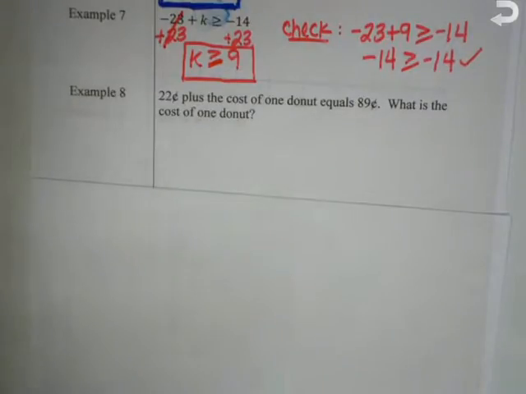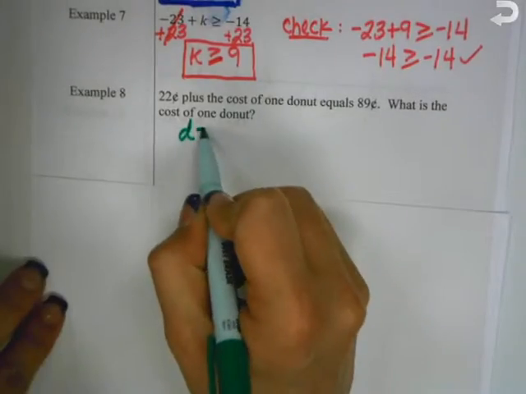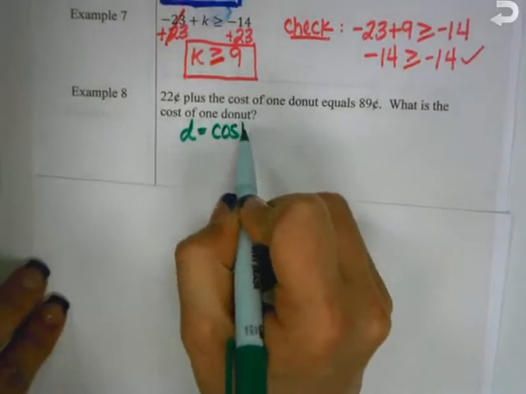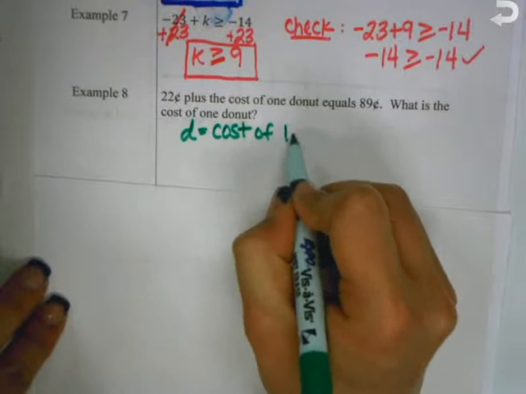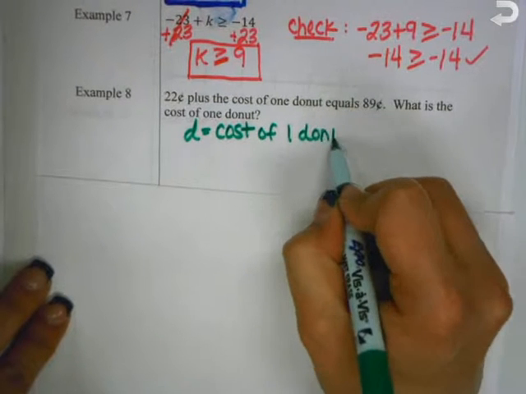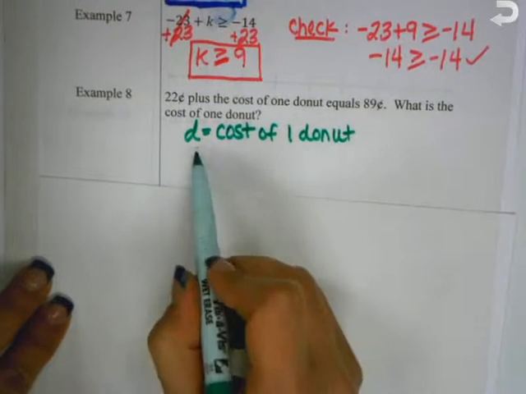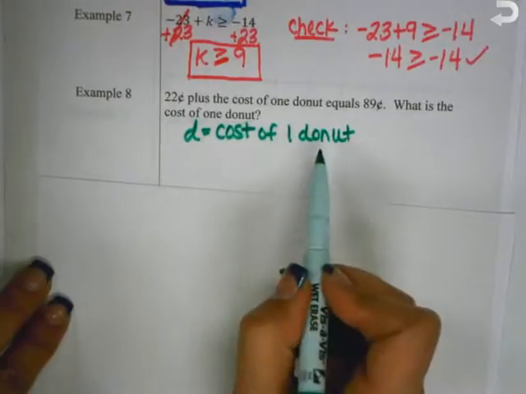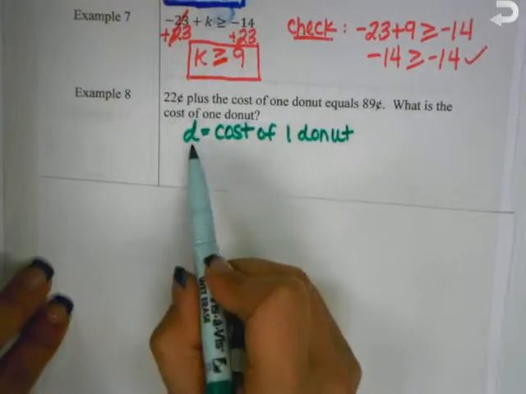What do you want to make the cost of a donut? How about D equals the cost of 1 donut? Whenever we're introducing a variable, we always need to label what it is. So I'm going to start using D, and D is the cost of a donut.